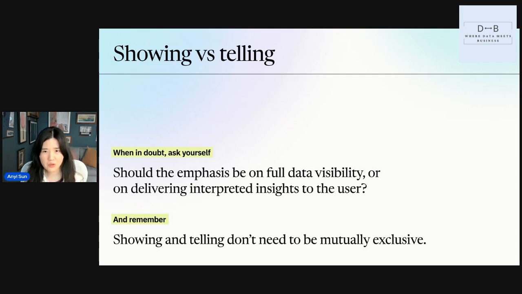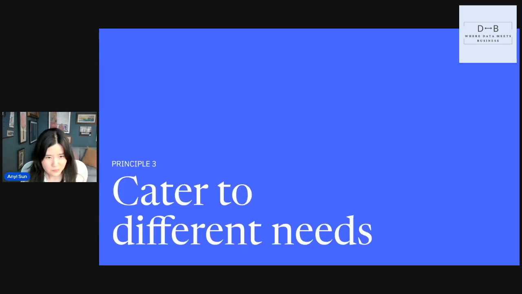I think that will guide you into whether you want to show or tell. I actually have a little cheat sheet for the scenarios that are better for showing and the scenarios that are better for telling. I will have a link to download this deck at the end of the talk, and you can use that link to grab the cheat sheet too.